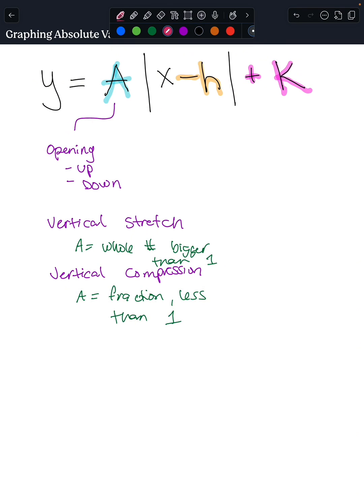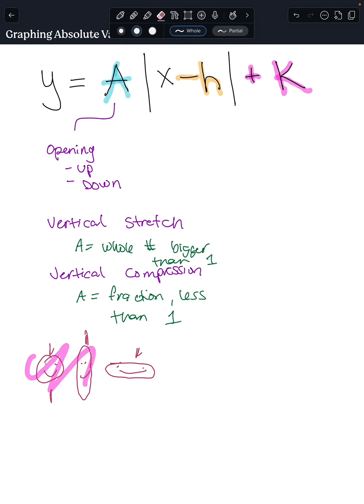If I were to take the top and the bottom and stretch it, the face would look like that. If I take that same balloon and I squeeze the top and the bottom, the face will get more flat. So this is a vertical stretch. This is a vertical compression. All right, enough of that.